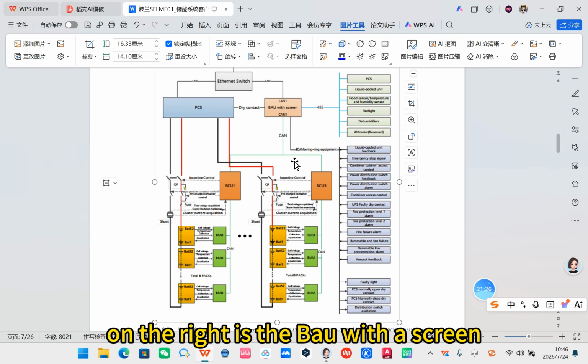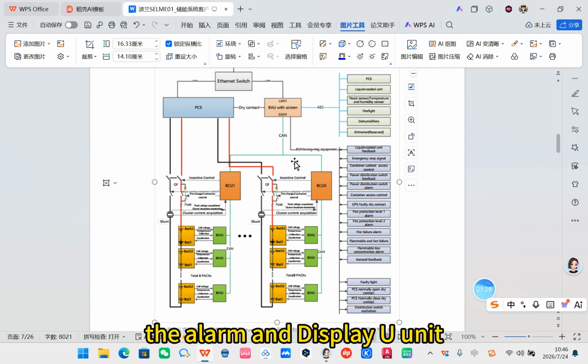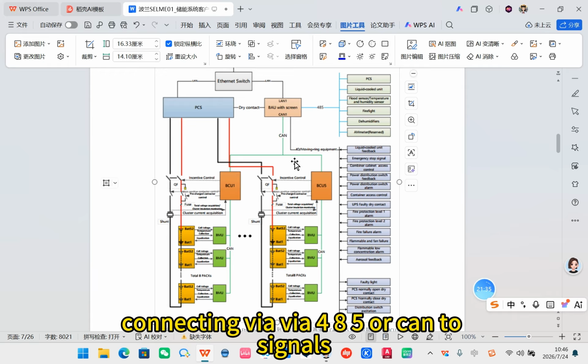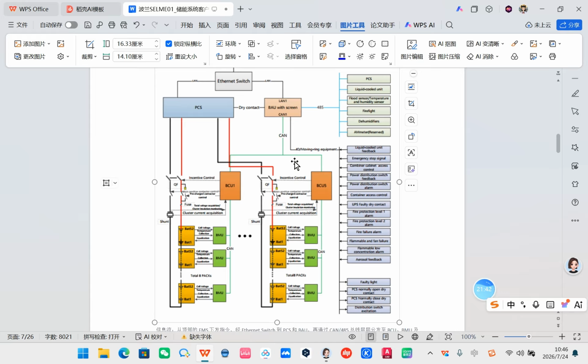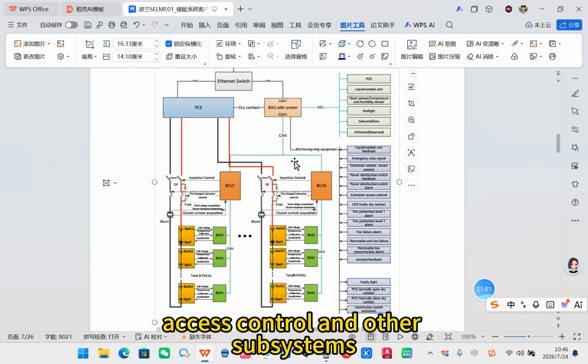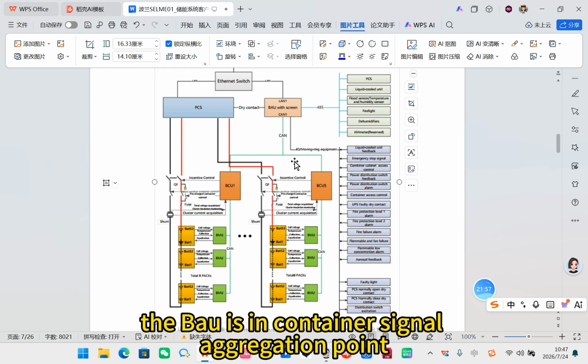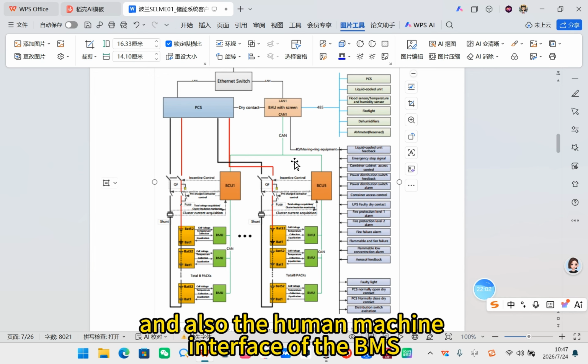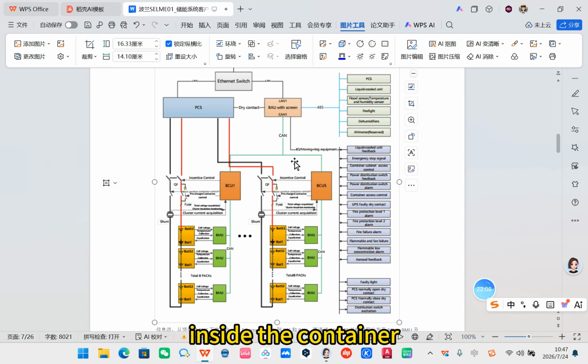On the right is the BAU with the screen, the alarm and display unit inside the battery container, connecting via 485 or CAN to signals of all battery clusters, liquid cooling, fire protection, access control, and other subsystems. The BAU is the in-container signal aggregation point and also the human-machine interface of the BMS inside the container.